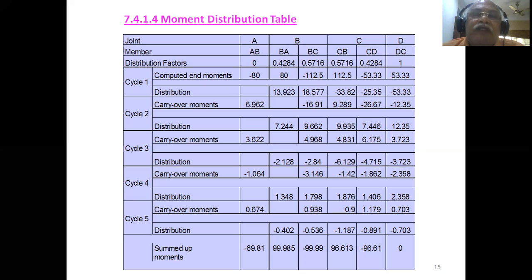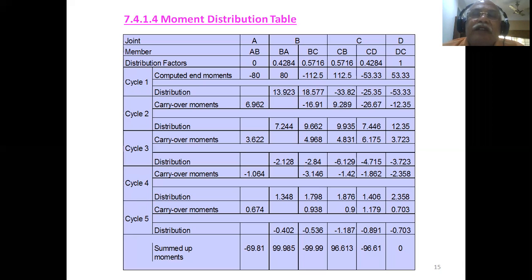Now, what is the unbalanced moment at B? It is minus 16.97. If you distribute this further with the distribution factor, we are going to get 7.244 at the BA member, and for BC it is 9.662.